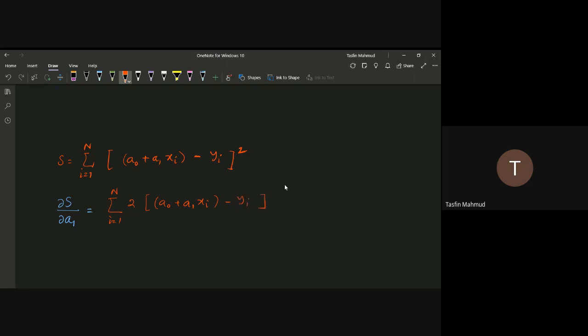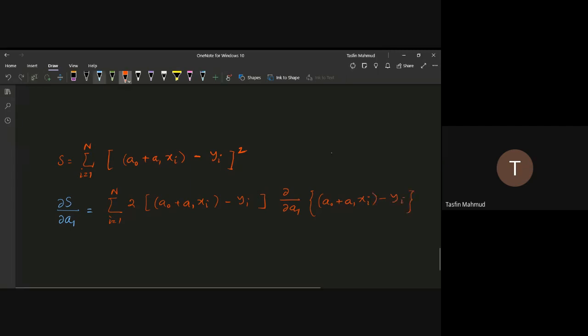Also we have to take the derivative of this thing with respect to a1, right? We are actually following the chain rule. So we are going to take the derivative of this part as well. So here we get a0 plus a1 xi minus yi.